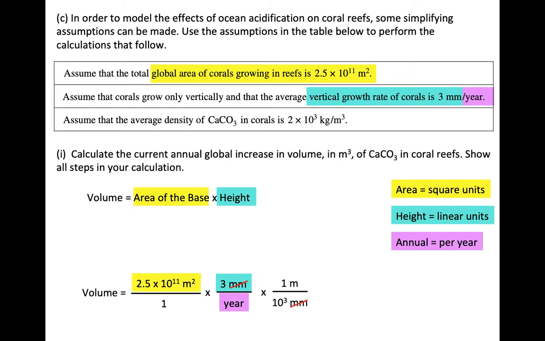So we're going to have our digits. 2.5 times 3 is 7.5, and then 10 to the 11th divided by 10 to the third is going to be 10 to the 8th. Meters squared times meters is meters cubed, and this is all happening per year. So did we answer our question? We found annual, per year, global increase in volume, cubic meters.